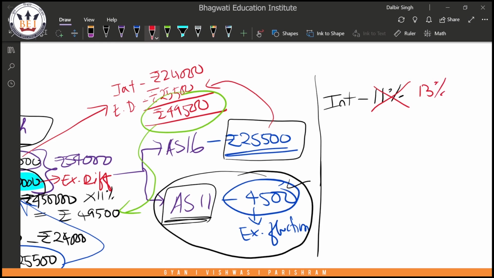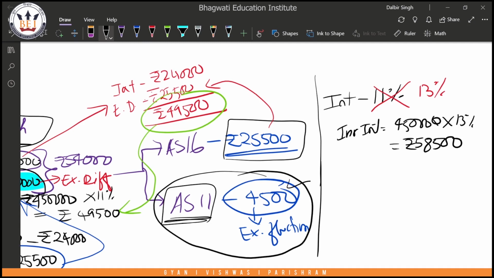The interest of the INR loan is 13%. In such a scenario, if I have to find my INR interest, it will be 4,50,000 into 13%.